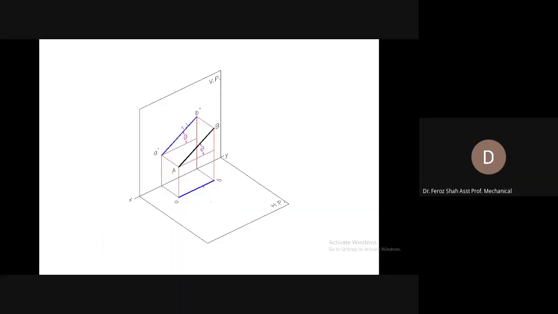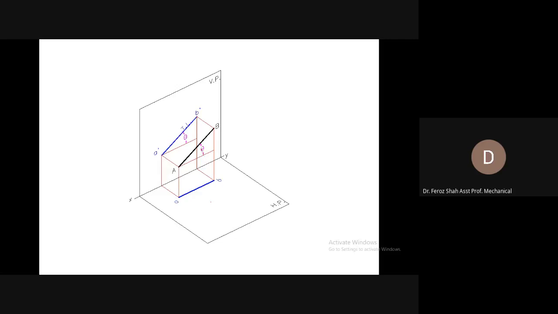Now, as you can see, the top view AB shown in blue is shorter than the true length or the actual length of the line. So it depends on theta.